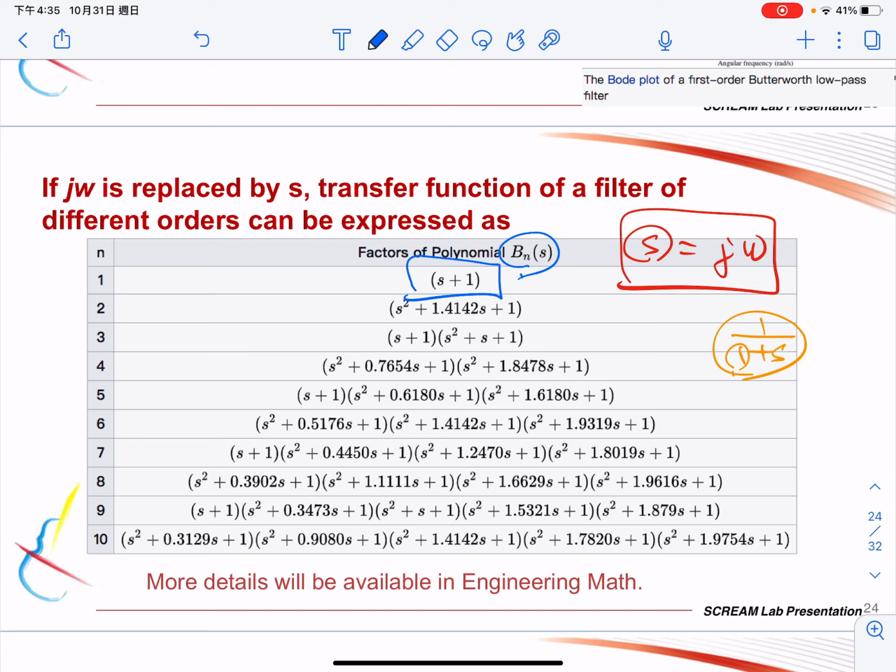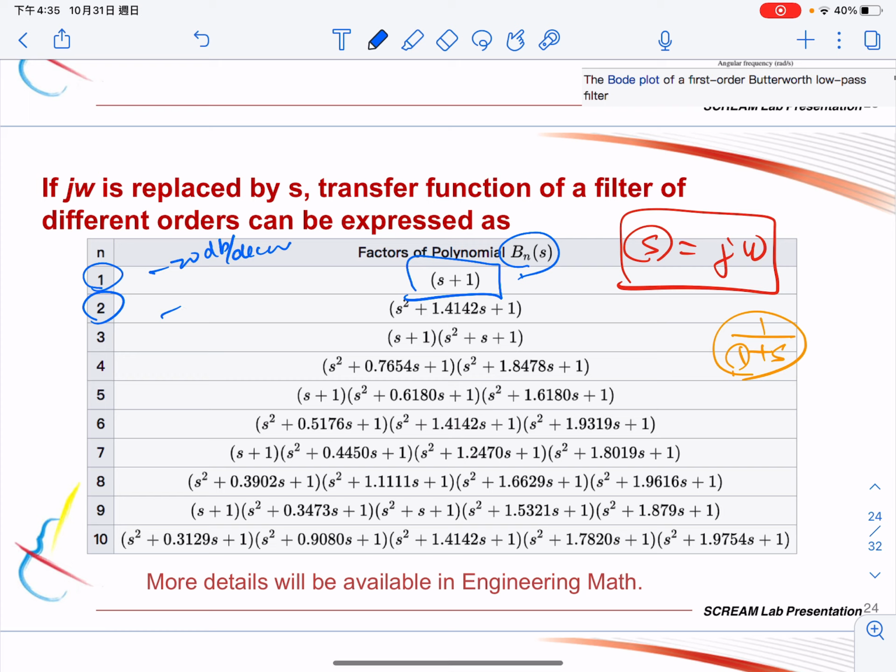By using this, we can easily design the Butterworth filter by placing the polynomial like this. And then we can try to replace some numbers such that we can have the cutoff frequency as we want. But since it's a first order filter, as we remember, it is minus 20 dB per decade.